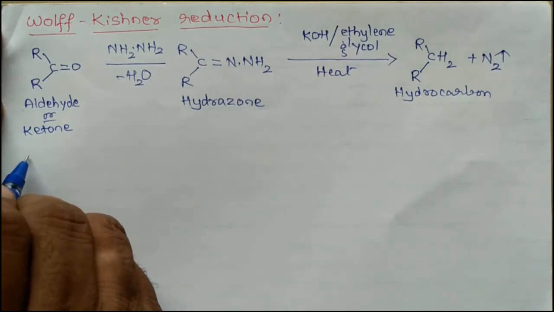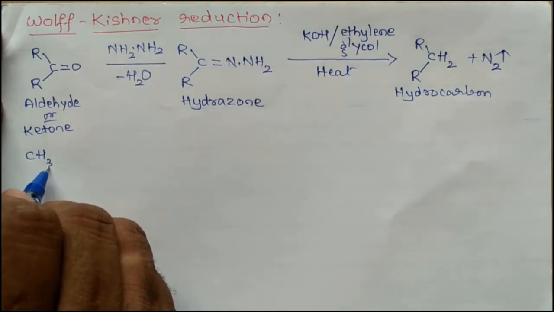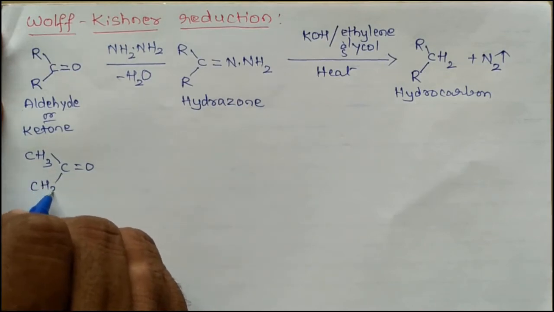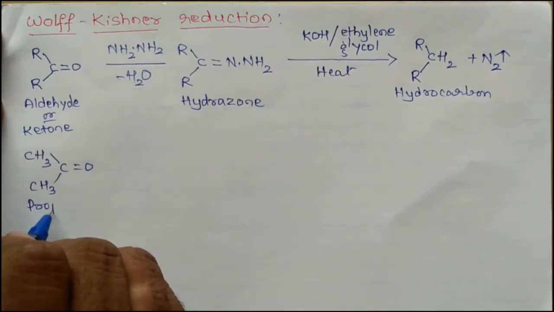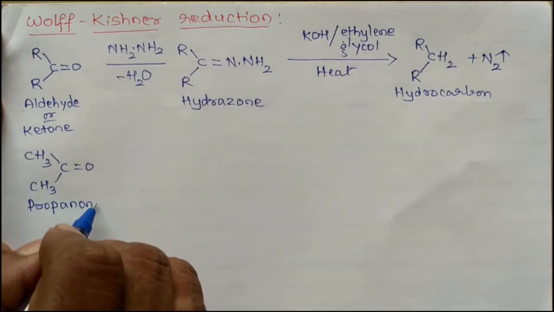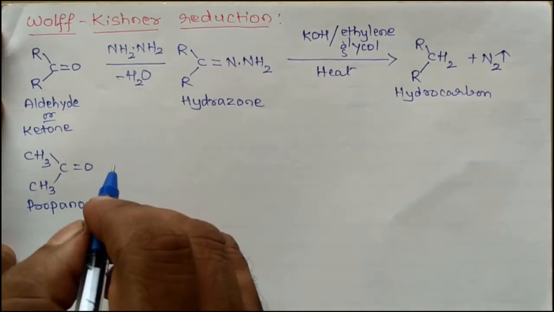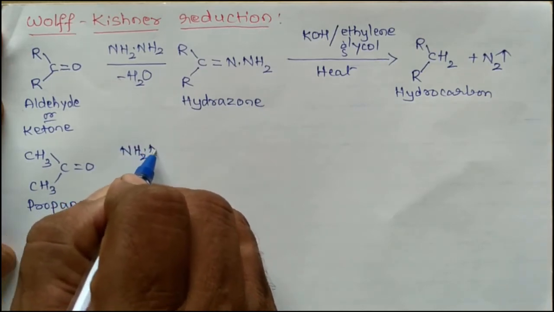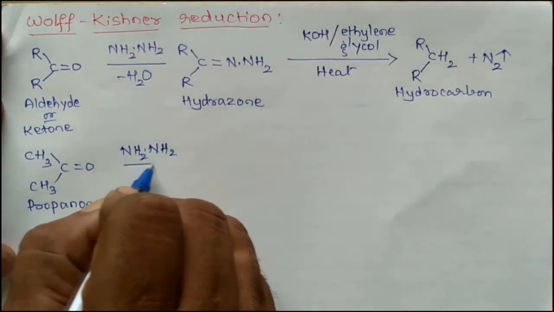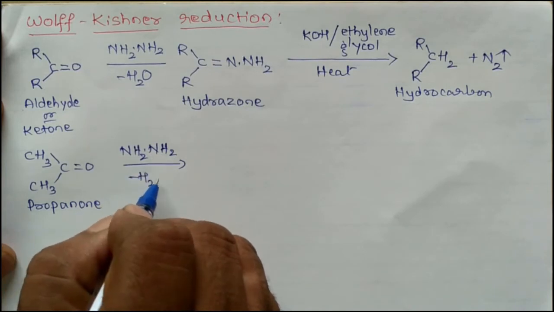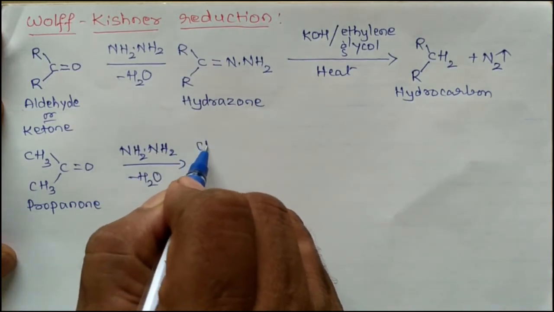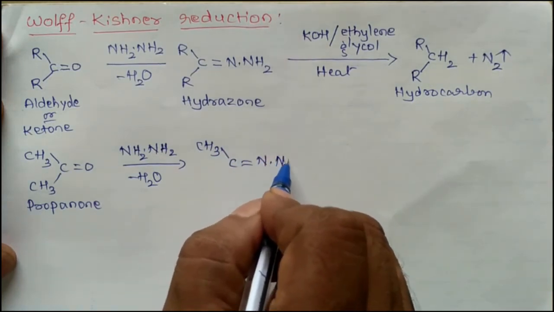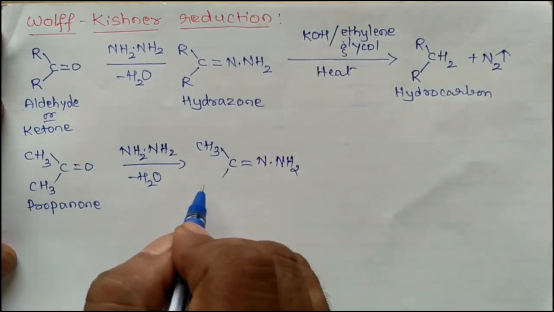Now we'll discuss one reaction. Acetone CH3 C double bond O CH3, acetone or propanone, treated with hydrazine NH2NH2, eliminate a molecule of water, you are going to get hydrazone CH3 C double bond N NH2 CH3.